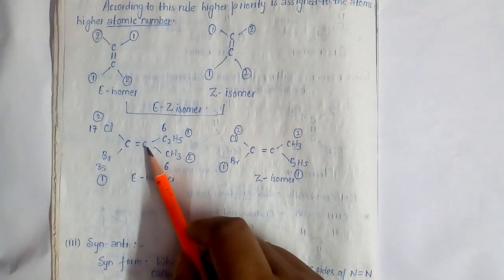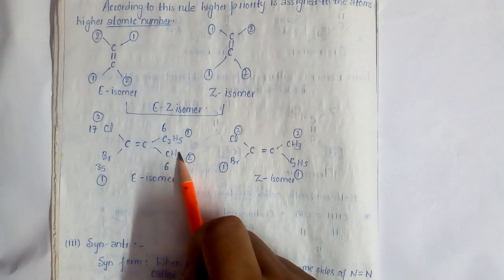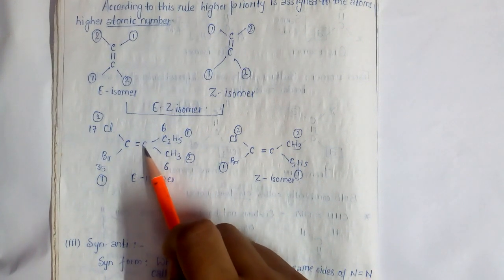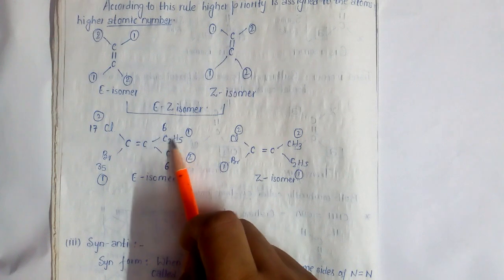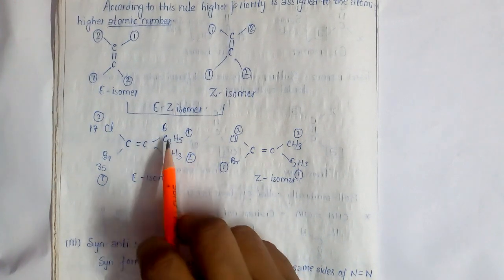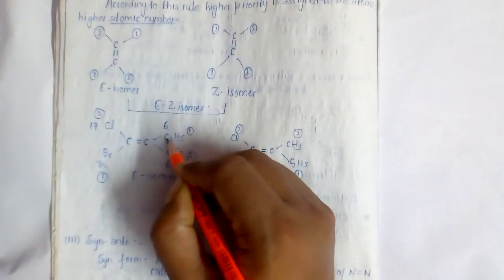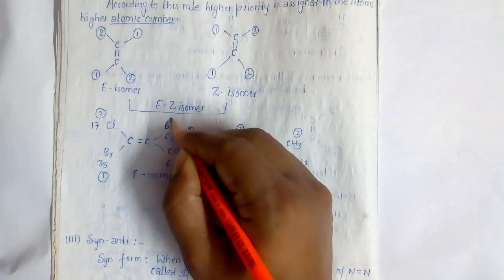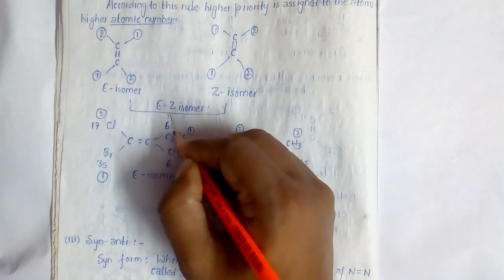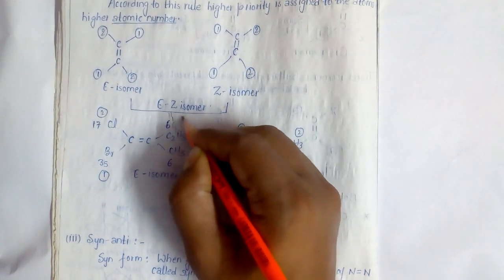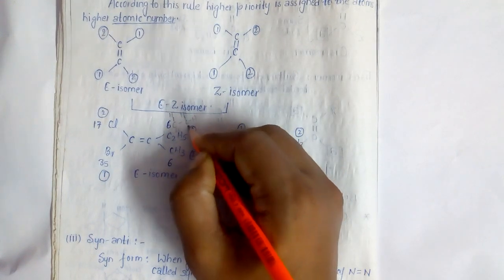Now from this carbon, a CH3 group is attached, and directly with this carbon, carbon is attached, and in C2H5 also carbon is attached. You can write C2H5 like CH2 and CH3.